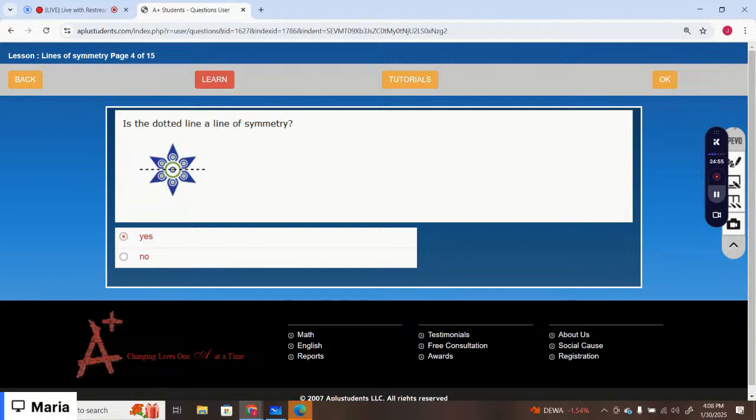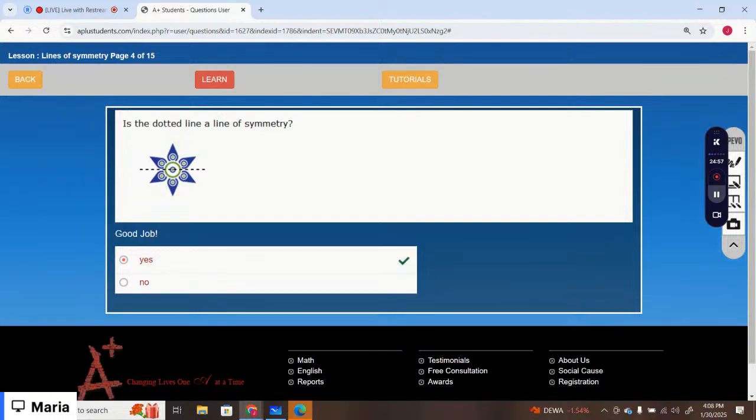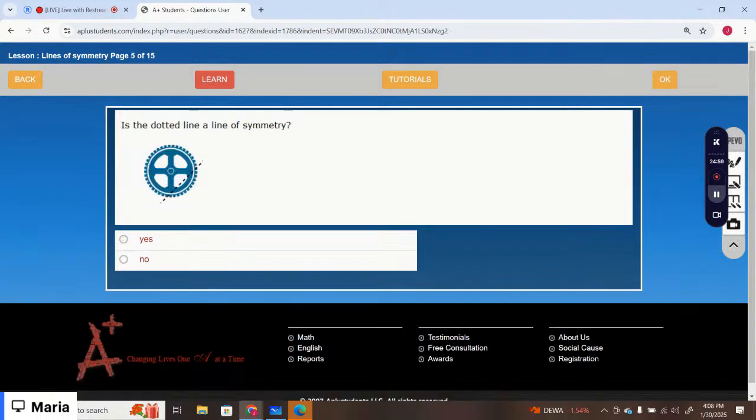Yes, that is a line of symmetry. Option 1 is the correct option. Is the dotted line a line of symmetry? No, that is not a line of symmetry. The correct option is no.